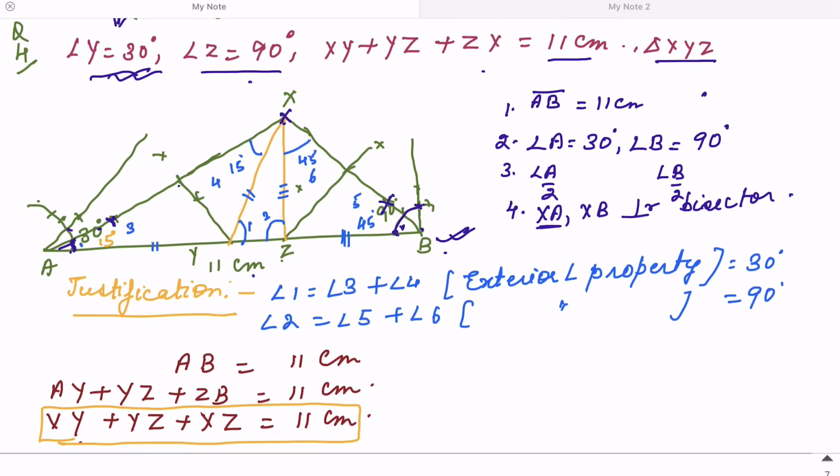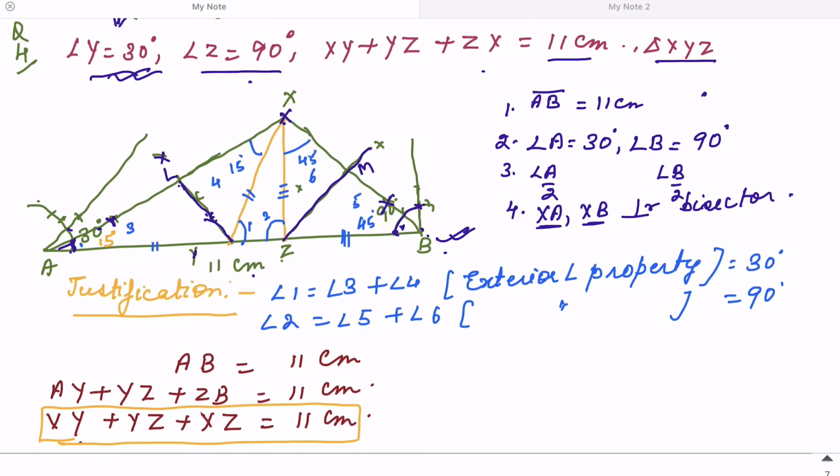Putting A as center, we cut an arc and put X at center, and the same arc we cut, and we get this line. Same way we draw perpendicular bisector of XB and we get the line here. This we can name LM.